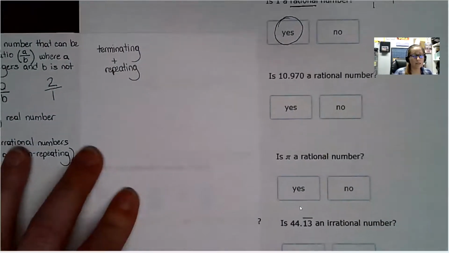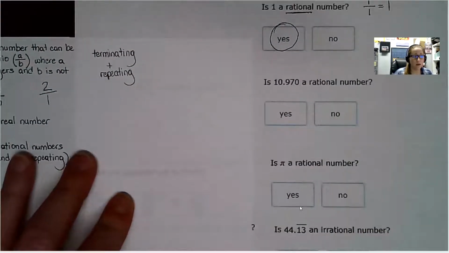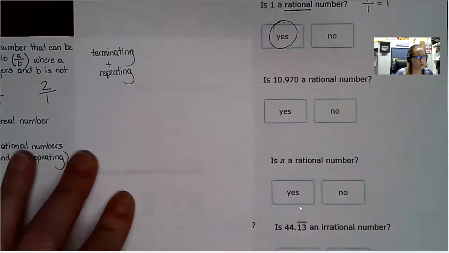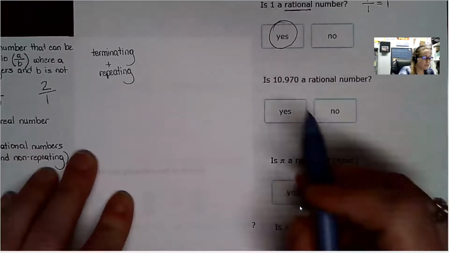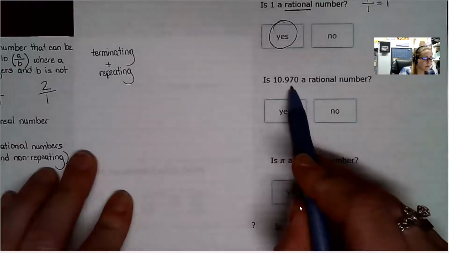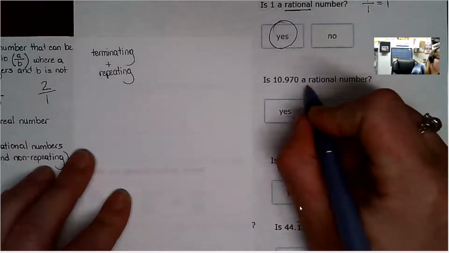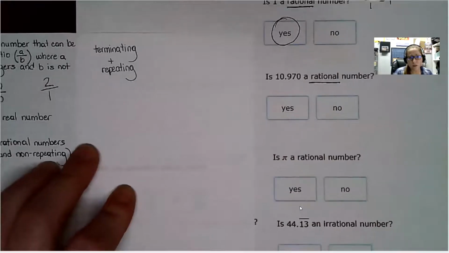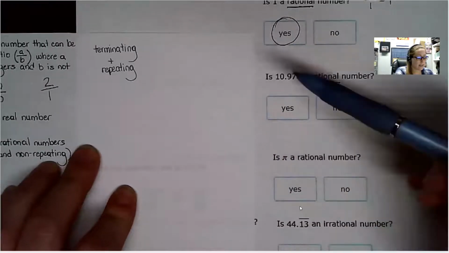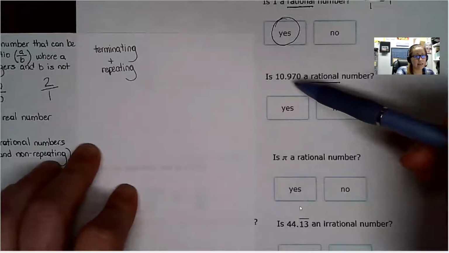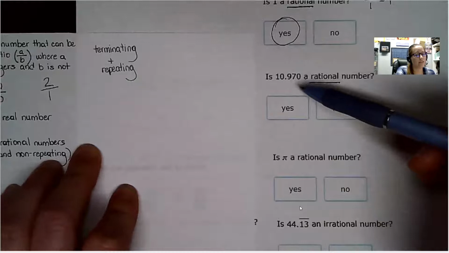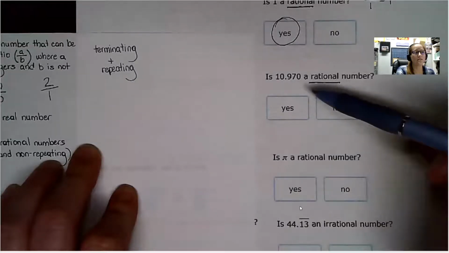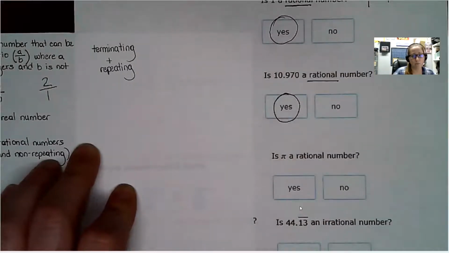If you have a repeating decimal that's going to repeat the same number or numbers, then it's also rational. Okay, so in this case, we're looking at 10.970, and we want to know, is this a rational number? So considering that this is a terminating decimal, it does end after, you could say it ends after 97. You can also say it ends after 970. There are no numbers past the 0. Okay, so we would say that yes, this is also a rational number.